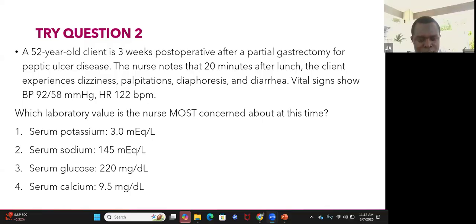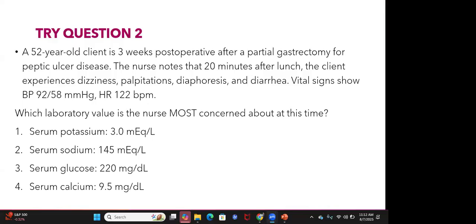Per someone's request, can you read the options for us? The potassium is 3.0, the sodium is 145, glucose 220, and calcium 9.5.